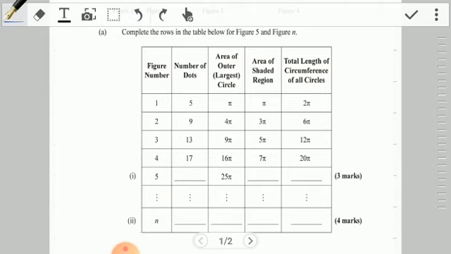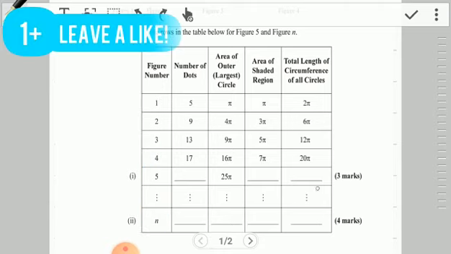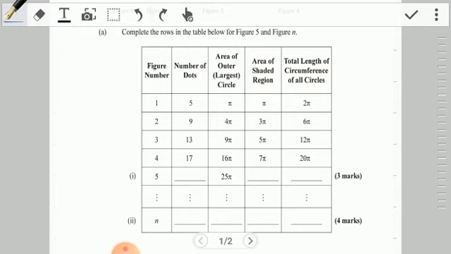All right, let us now go to filling out. We're supposed to complete here and here. Looking at the relationship to the number of dots, it is simply 4 times the figure number plus 1. So 4 times 1 plus 1 gives 5, 4 times 2 plus 1 gives 9, 4 times 3 plus 1 gives 13, and so on.